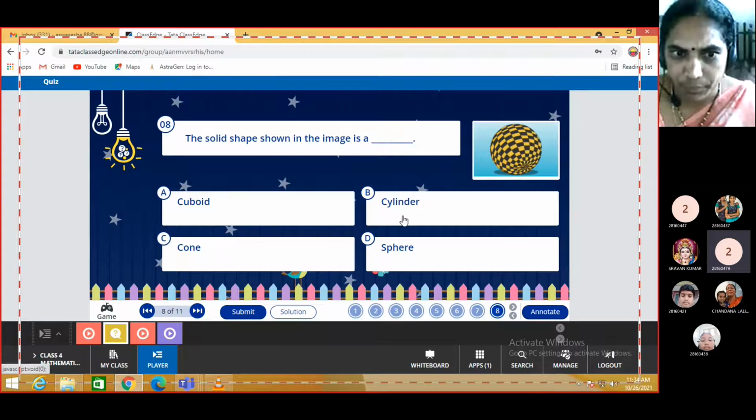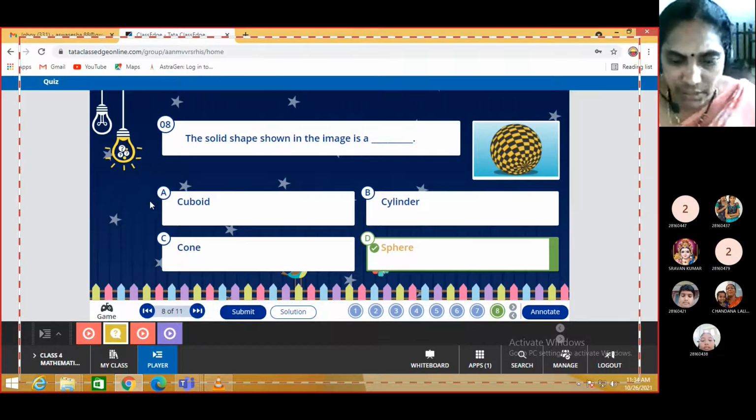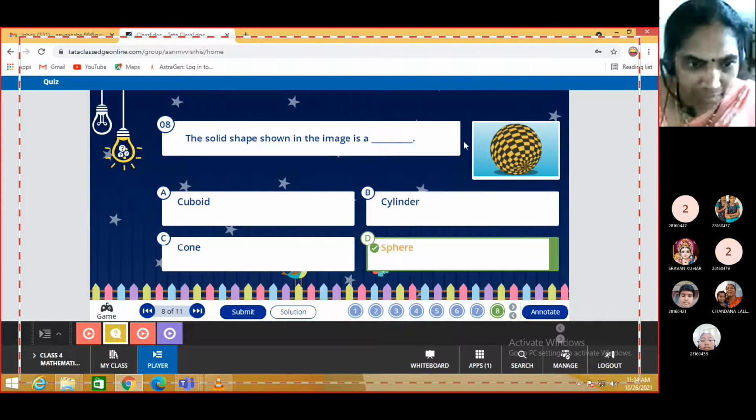A cuboid, B cylinder, C cone, D sphere. D sphere, ma'am. Let us see whether it is right or wrong. Yes, you are correct. Till now, we learned the solid shapes and plane shapes.